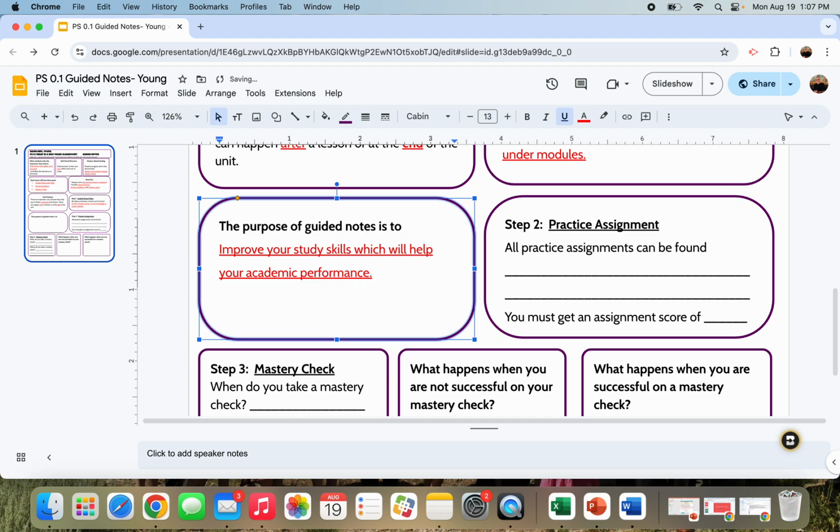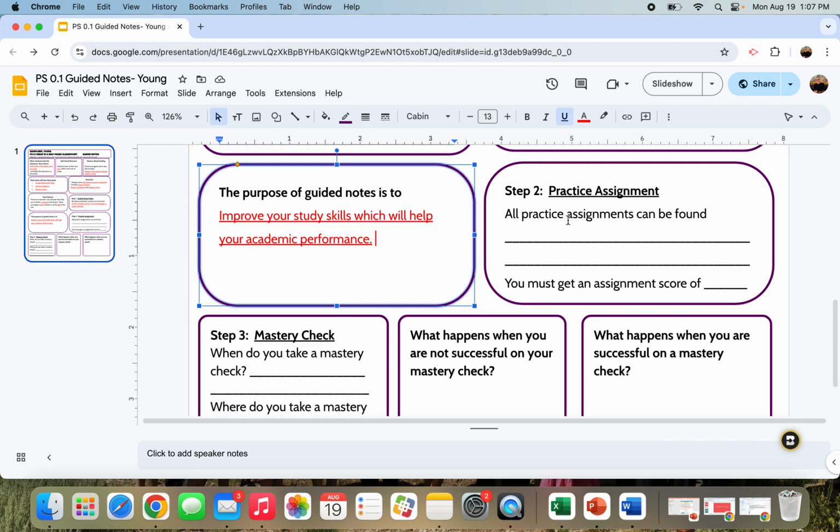You can write this in your own way, but when you follow the video and follow along with your notes, it's going to improve your ability to study, meaning your ability to be able to understand what you are learning, okay? And it will help your academic performance, meaning your grades or how you perform on tests. So guided notes are supposed to help you with that.